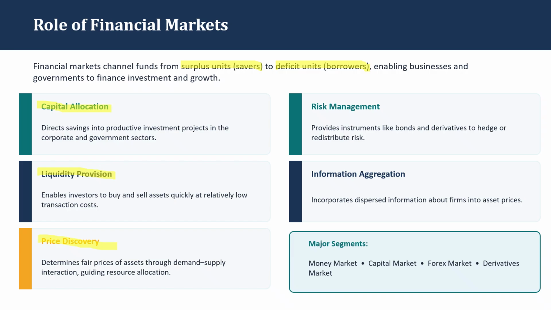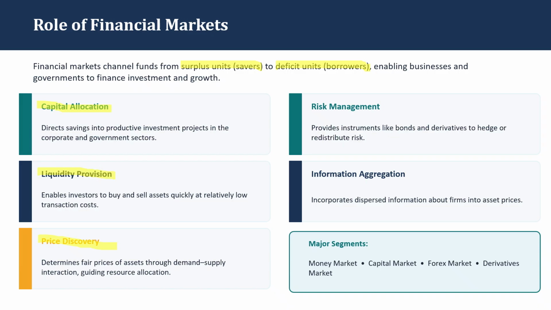Different investors have different information, expectations, and risk appetites. So in financial markets, these diverse views meet together. Some people may think that the asset is undervalued and want to buy. Others may think that it is overvalued and want to sell.